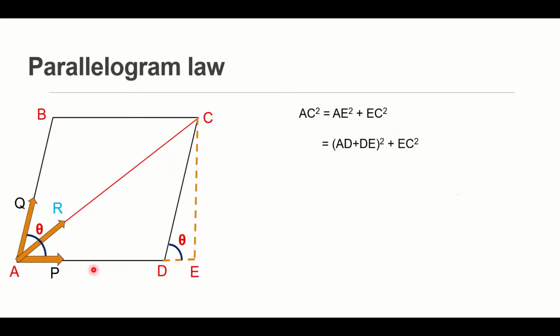AD is the magnitude of P, and the arrow shows the direction of P. If individual sides of the parallelogram represent the magnitude of the forces, AD is equal to P and AB is equal to Q. Since AB and CD are the same length, this is also Q.